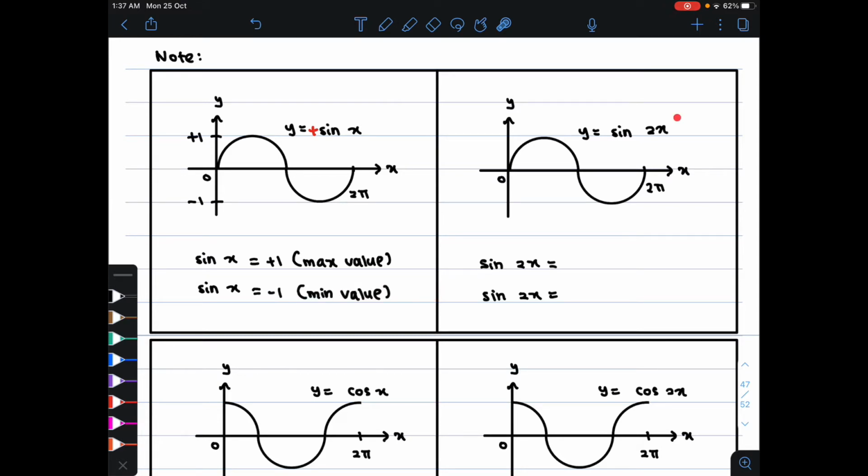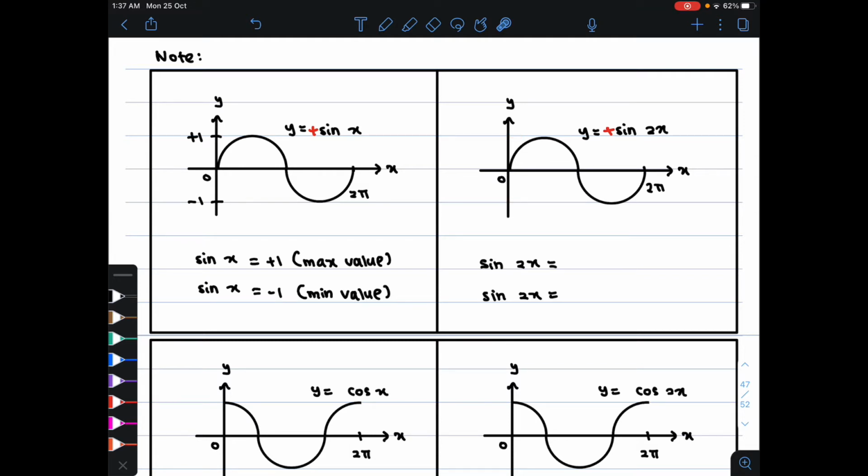Now, what if you have y equals sin 2x? The most important thing is that the coefficient should always be positive 1. Here we can see that the angle is 2x, but here the angle is x only. So does this affect the minimum and the maximum value?